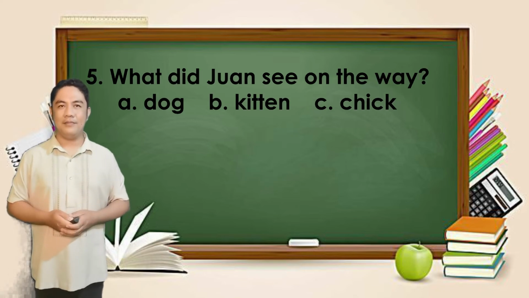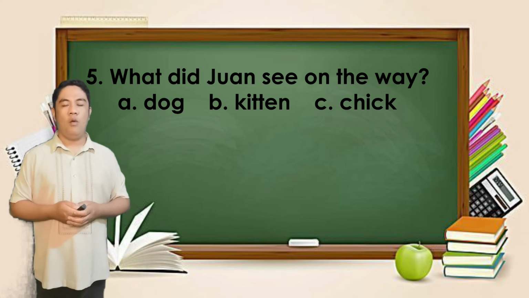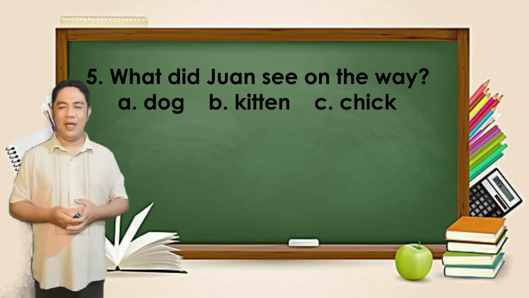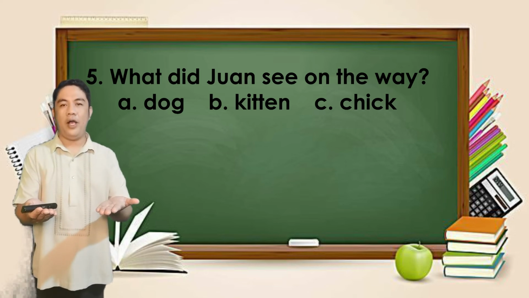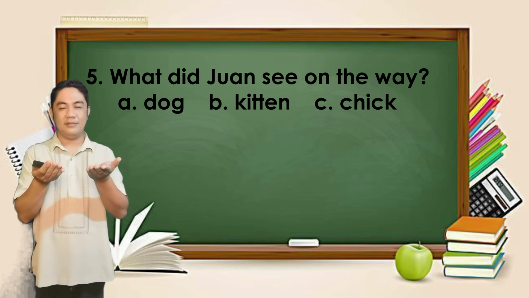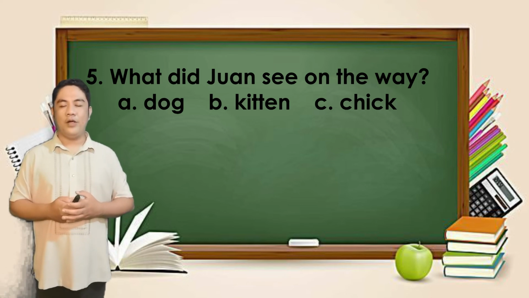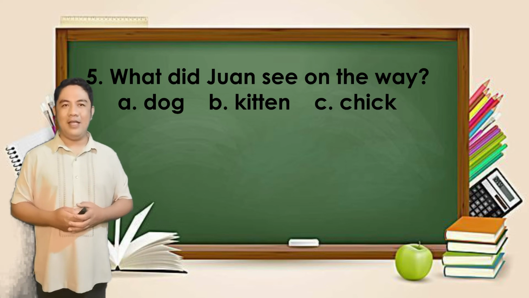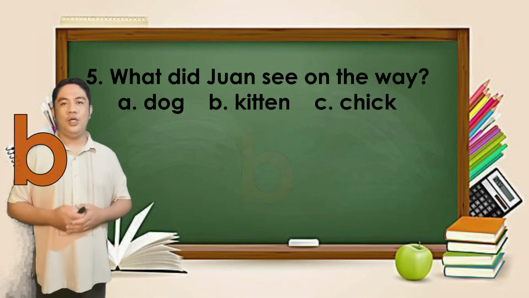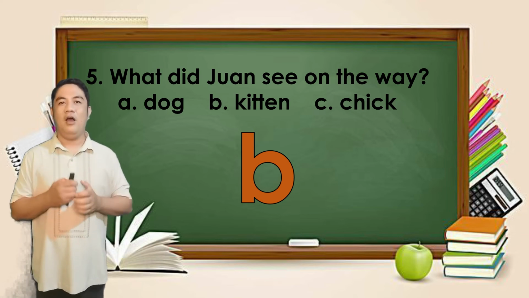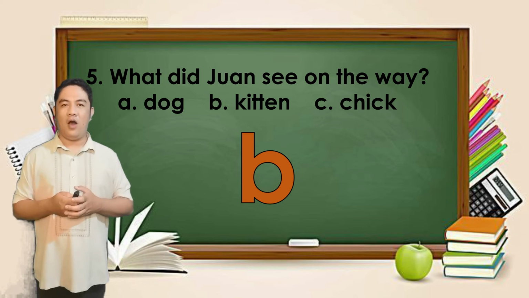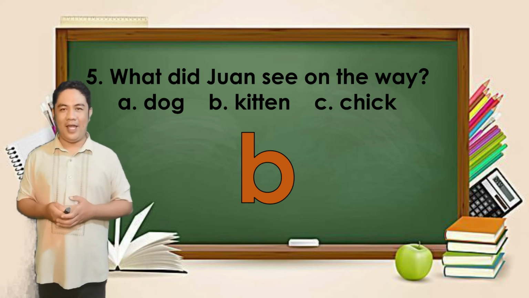For number 5, what did Juan see? What did Juan see on the way? Is it a dog, a kitten, or a chick? For the 5th question, if your answer is letter B, you are correct. Juan saw a kitten trembling on the grass because it was raining.